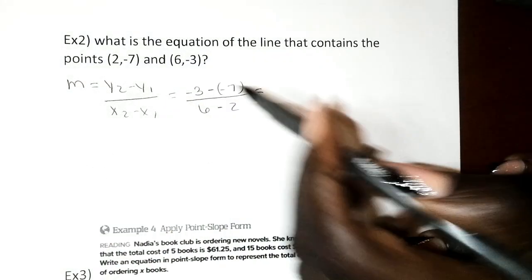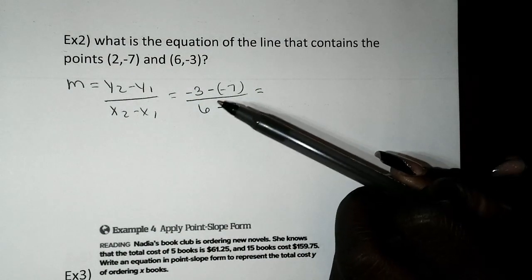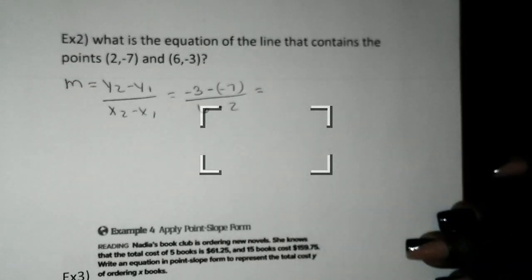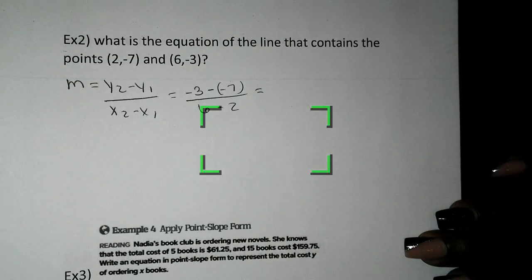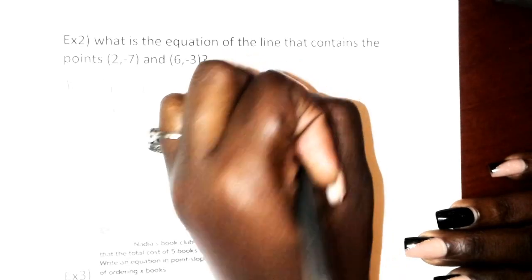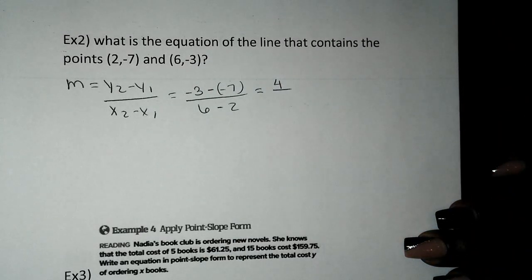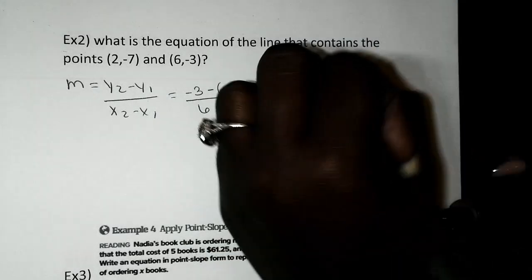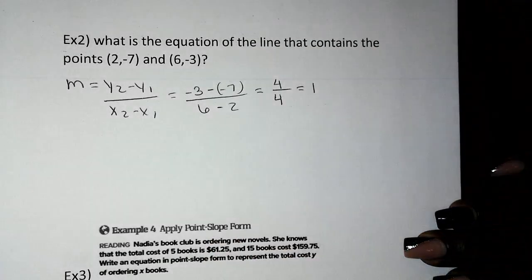Now -3 minus -7, remember a double negative makes a positive, so that becomes -3 plus 7, which gives us +4, and then 6 minus 2 gives us +4 as well. So our slope is 1.